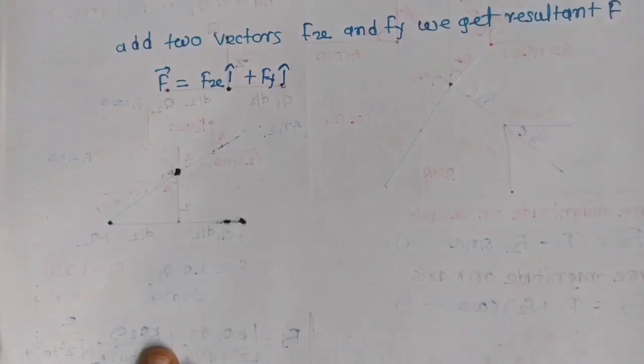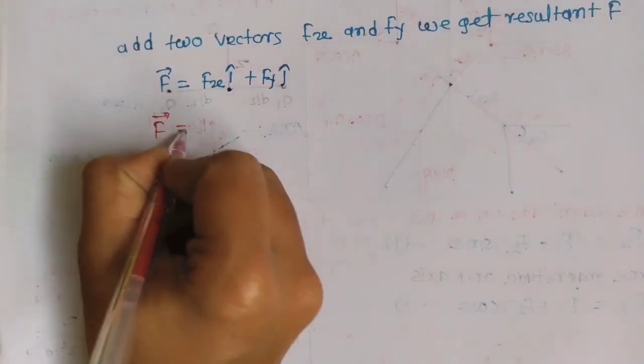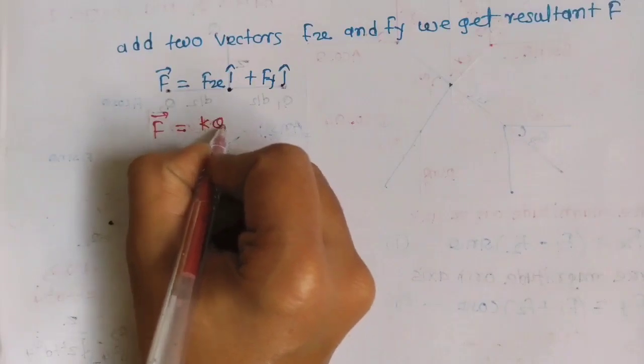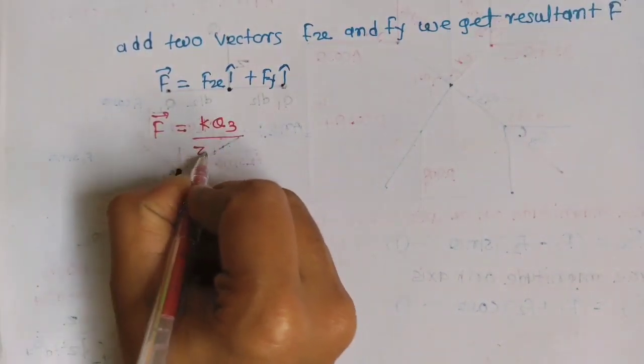This is a vector, so we take i cap and j cap. Okay, fx along the x coordinate and fy along the y coordinate. Therefore, it is fx i cap plus fy j cap.